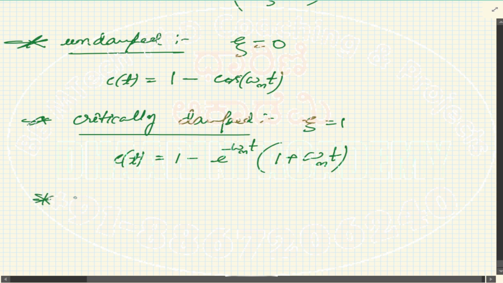Then we have the overdamped case, with the zeta value greater than 1.